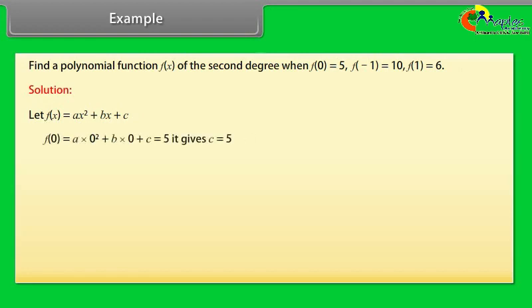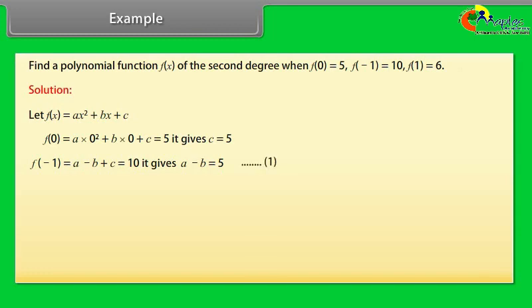F of 0 is equal to a into 0 square plus b into 0 plus c is equal to 5. It gives c is equal to 5. F of minus 1 is equal to a minus b plus c is equal to 10. It gives a minus b is equal to 5.